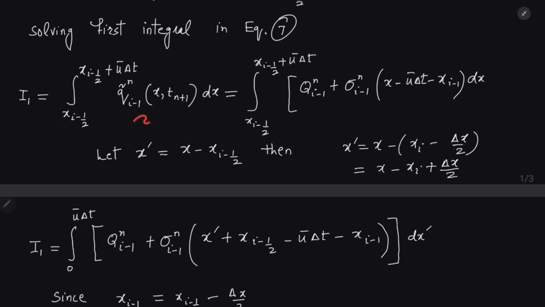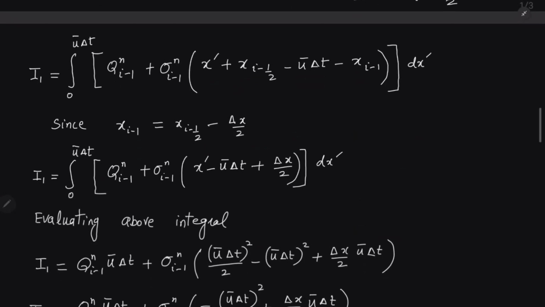Moreover, the value Q^n_{i-1} is the same as it was earlier, and you can write x dash plus x_{i-1/2} is equal to x. So this will become x minus u bar delta t as it is, and x_{i-1}.